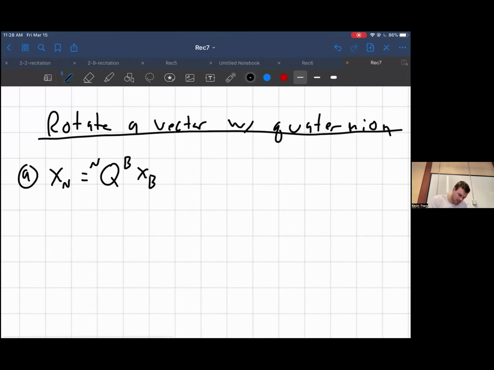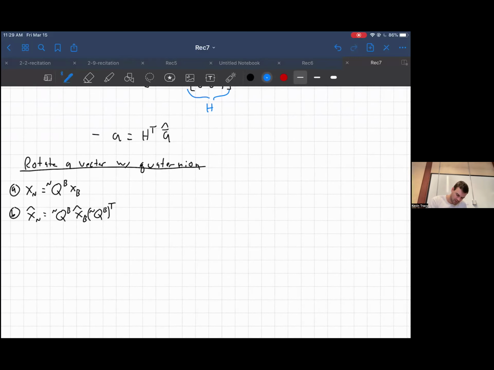We have option A, option B, so two options, but option A is way faster, and we definitely want to do option A. Option B exists just as a way for us to segue into quaternion stuff, but in general, option A is the way to do it.